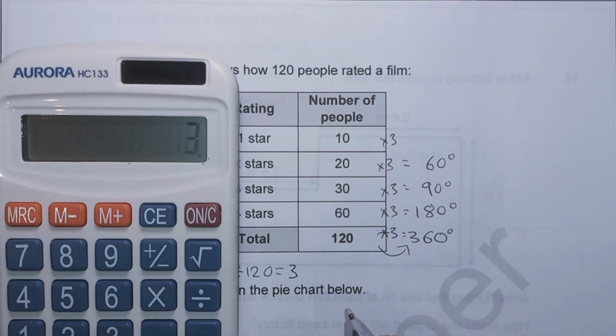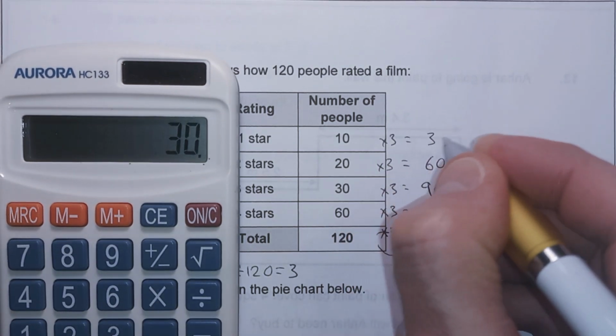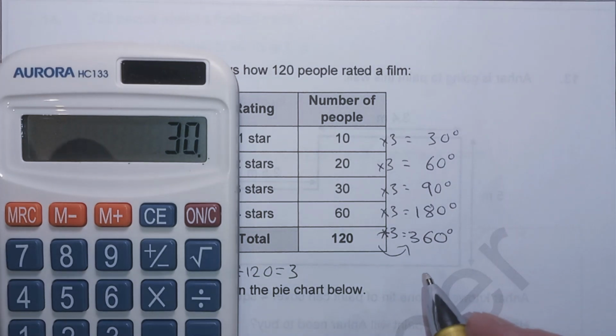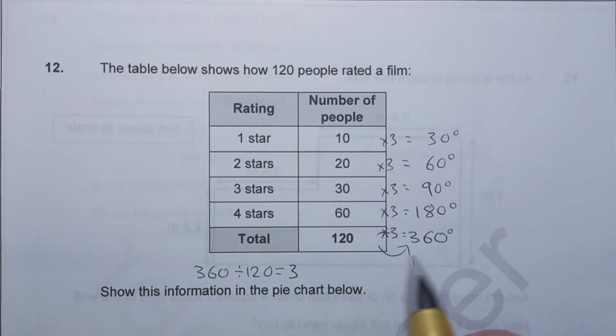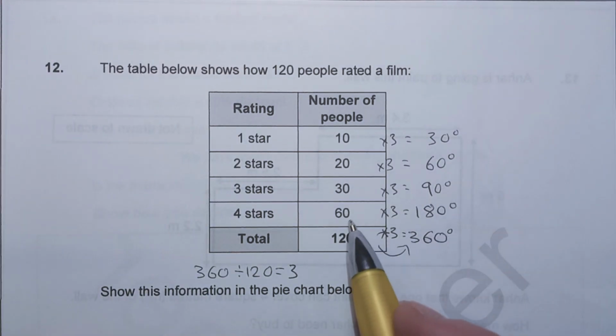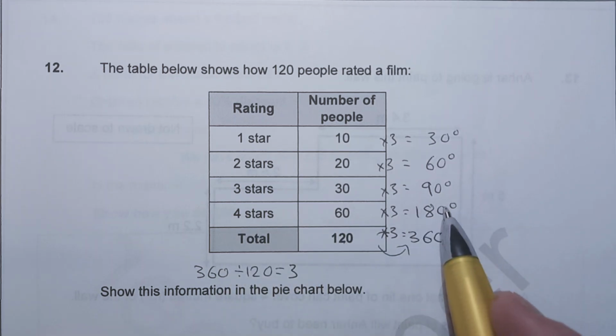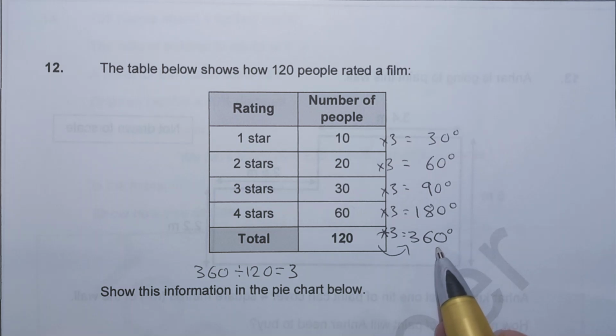And 10 times 3, which is 30 degrees. Okay. A good way of looking at this to see that we're doing it right is we can see, well, 4 stars was 60 out of 120, so they're half, and 180 is half of a circle. Okay, so we've got the number of degrees for each of our sections.